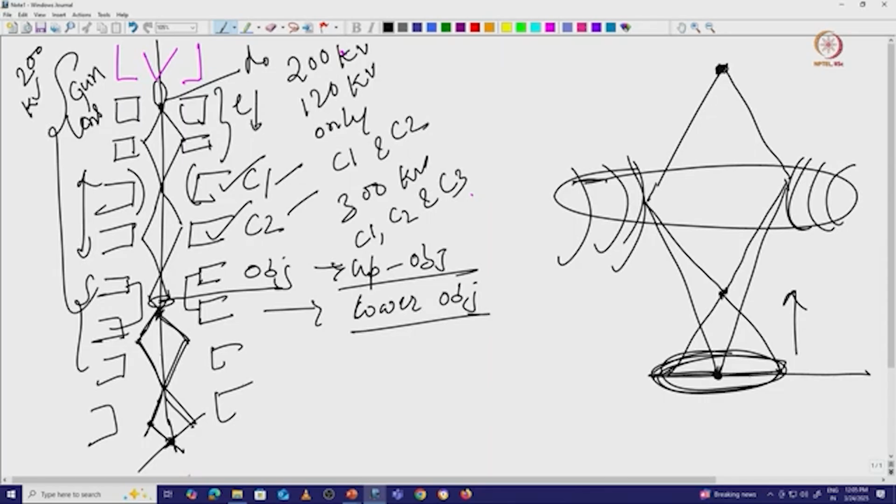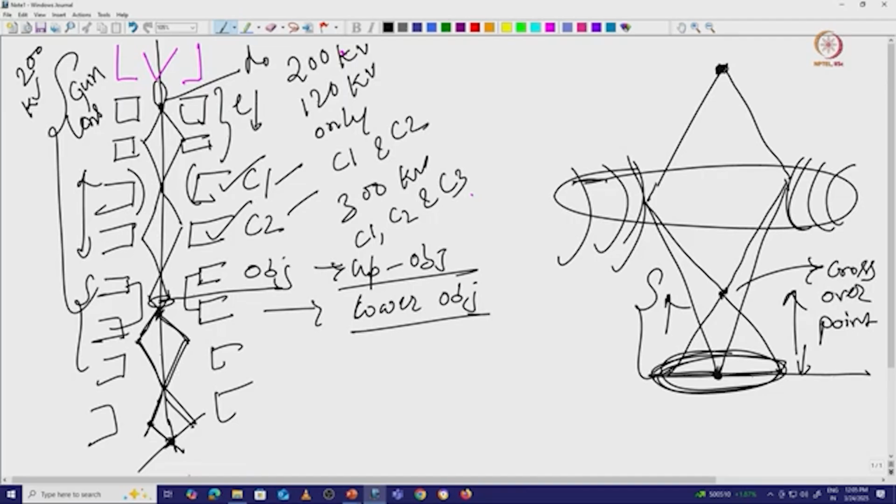But in this case the electromagnetic lenses are fixed. What can we change? We can change only the electromagnetic field, which changes the crossover point. This crossover point can go up and go down, and it will change the size of the beam.